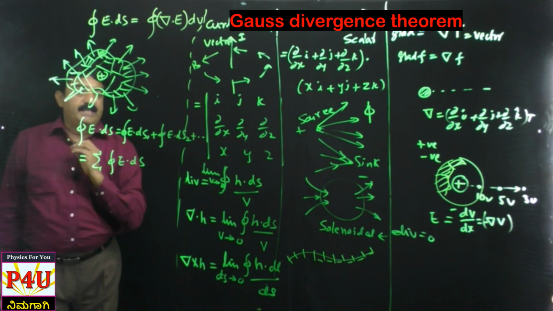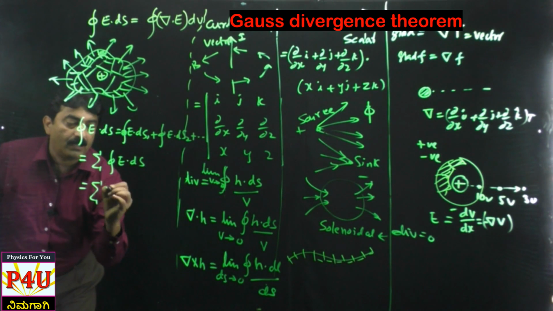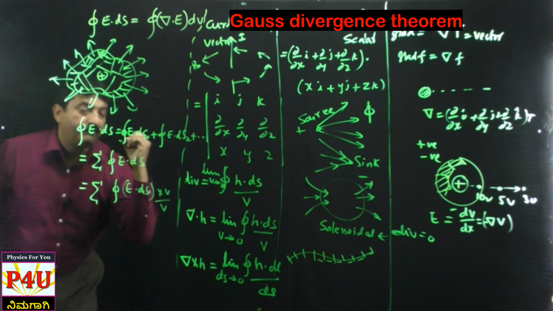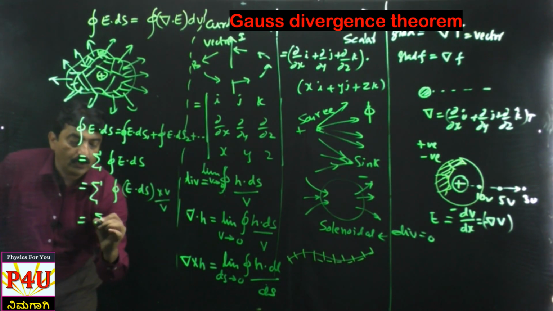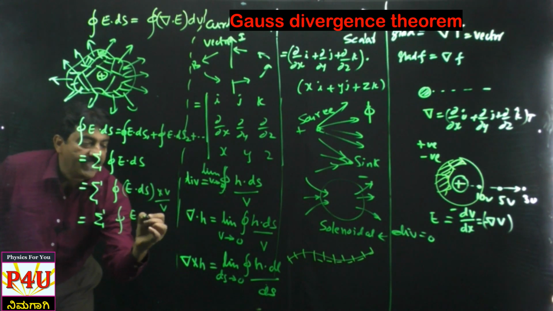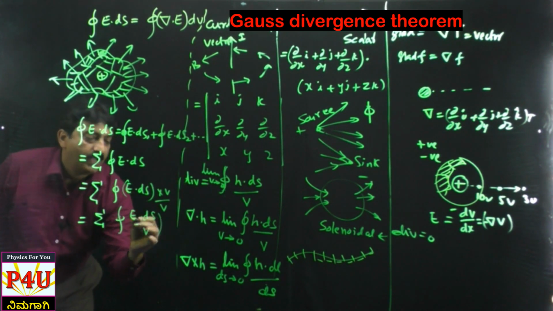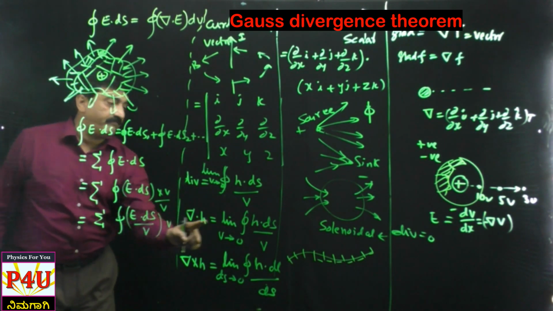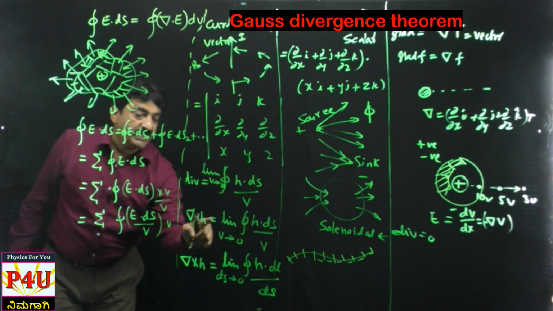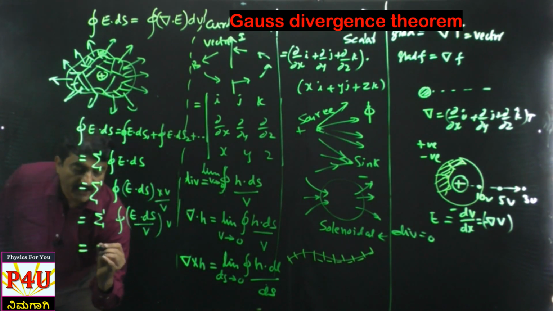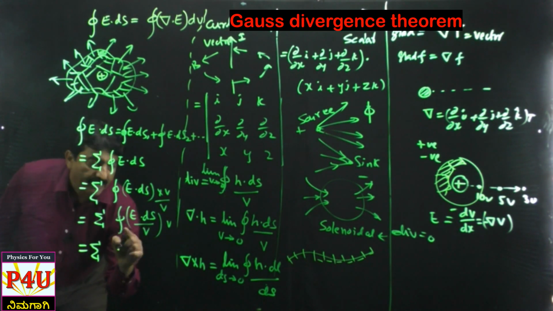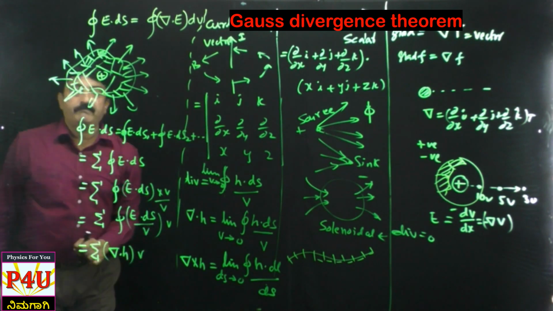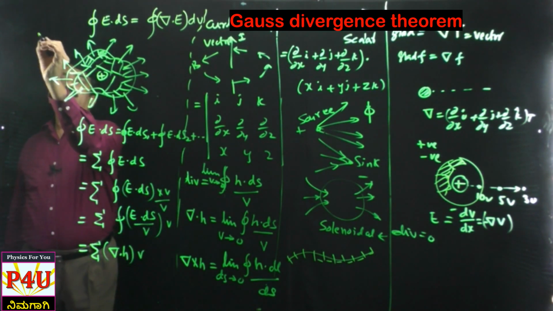Are you following? Yes, this can be written as sigma integral of E dot ds multiplied by V divided by V. So that is equal to sigma of integral of E dot ds divided by V, whole thing multiplied by V. Look at this: E dot ds divided by V, H dot ds divided by V, is nothing but a divergence. So therefore I can write this as sigma, and this entire thing is nothing but del dot H multiplied by V. Now I continue here.